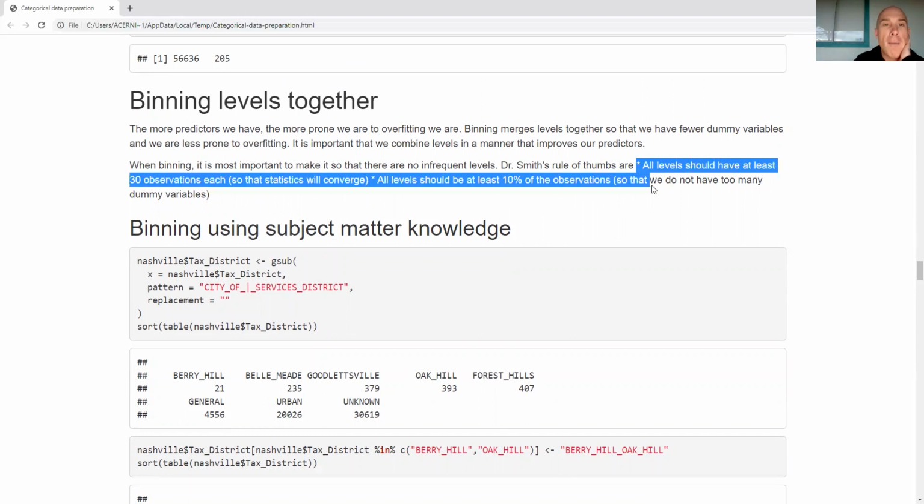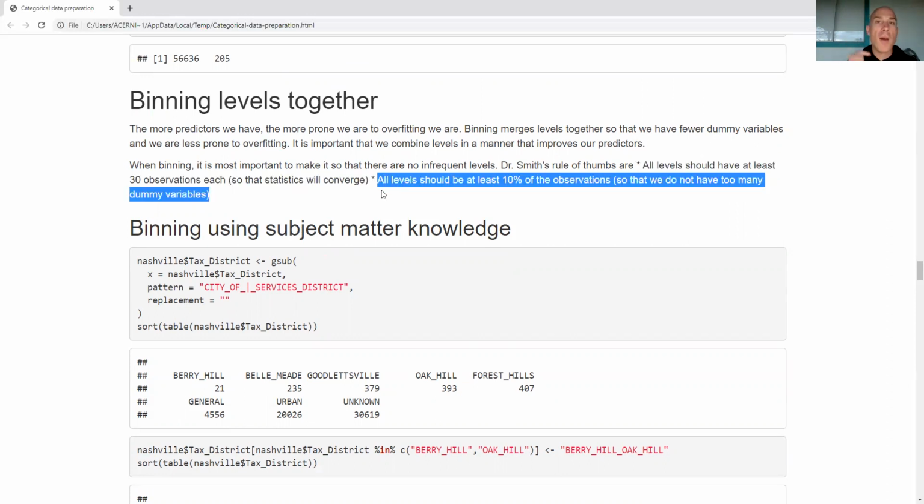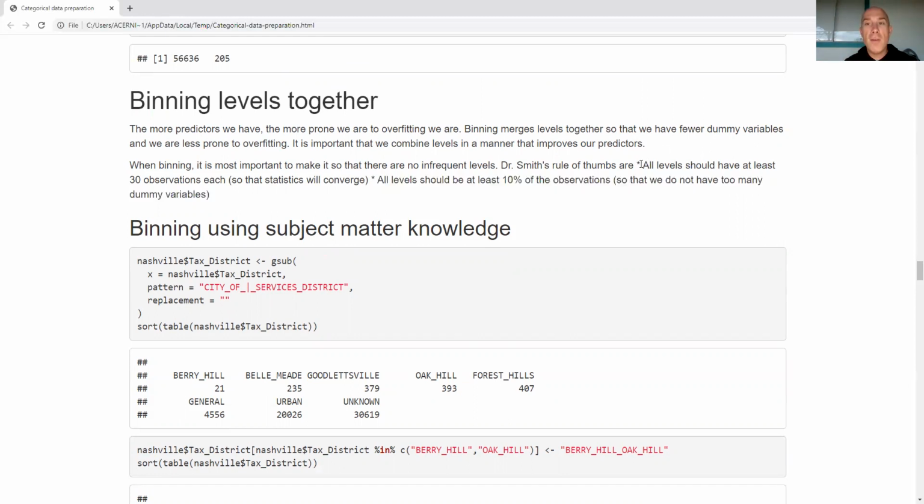All right. So my personal feel is that every level of a categorical vector should have at least 30 observations, and all levels should be at least 10% of the total observations. Why do I do this? If I say all levels should have at least 30, do we remember 30 from introductory statistics?